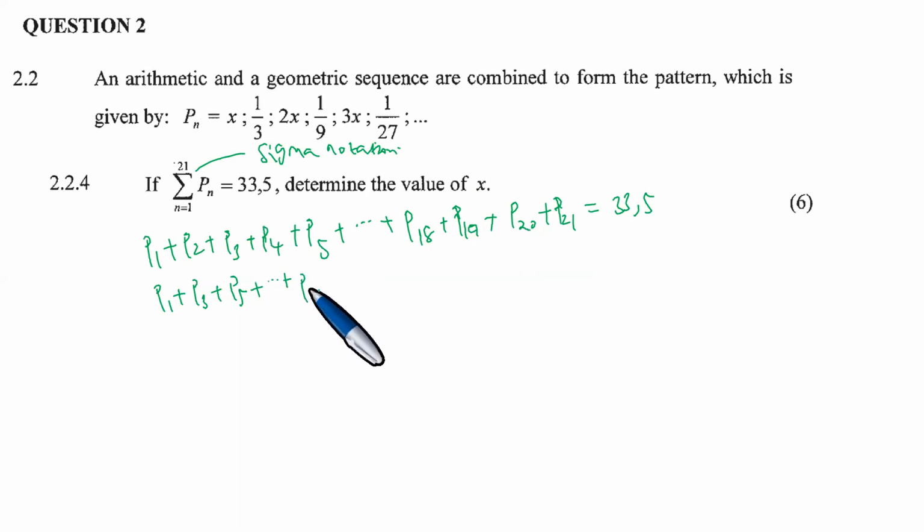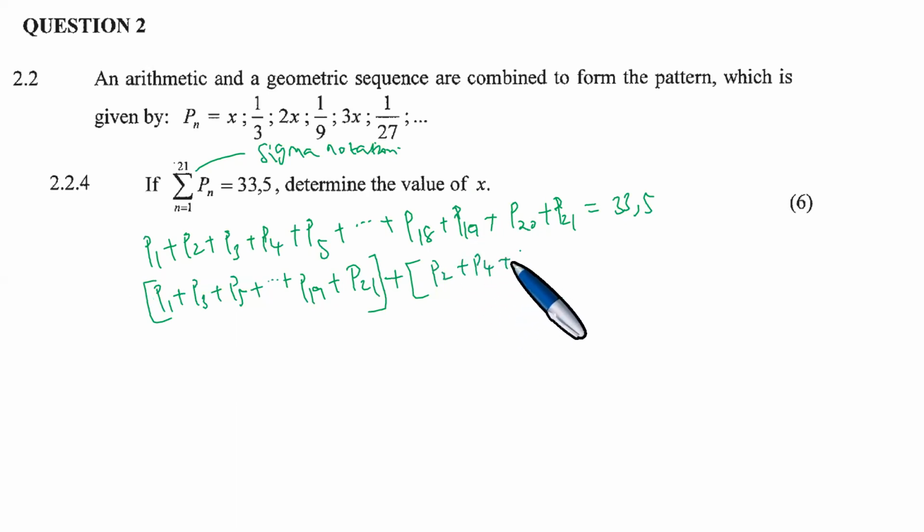So we can group these together. Then we have the even ones, which are P2, P4, P6, P18, P20.